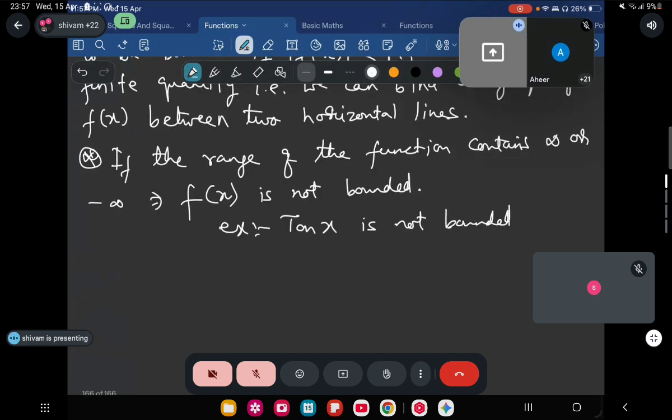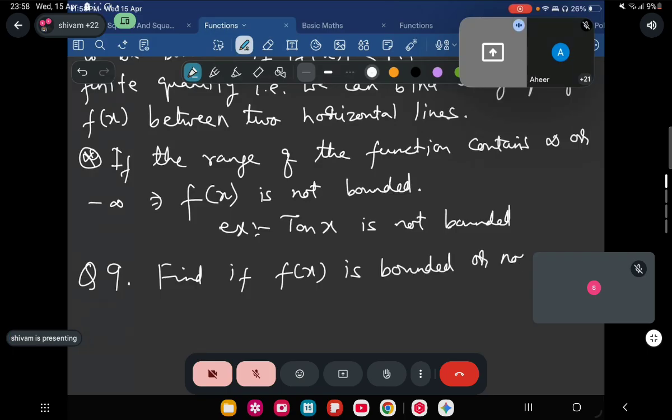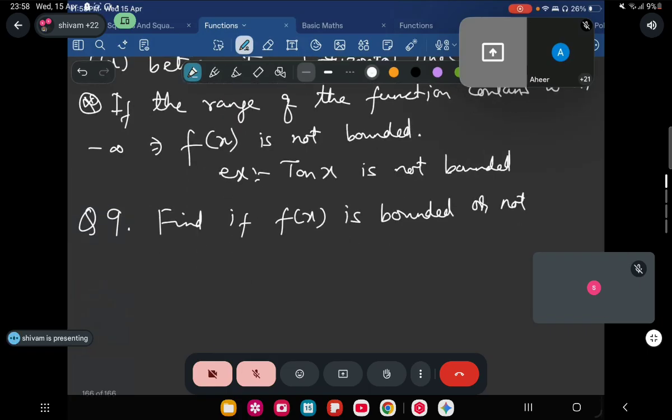So question number 9. For this one, you people have to raise your hand. Find if f of x is bounded or not.